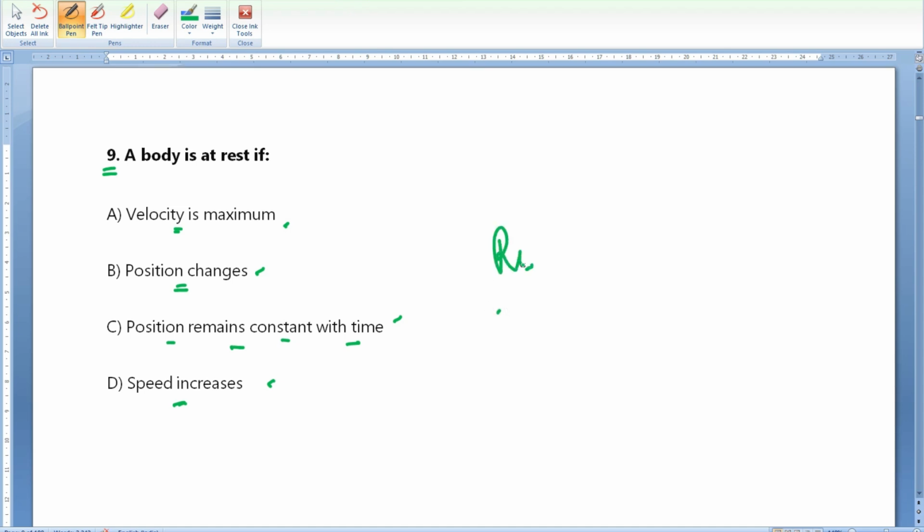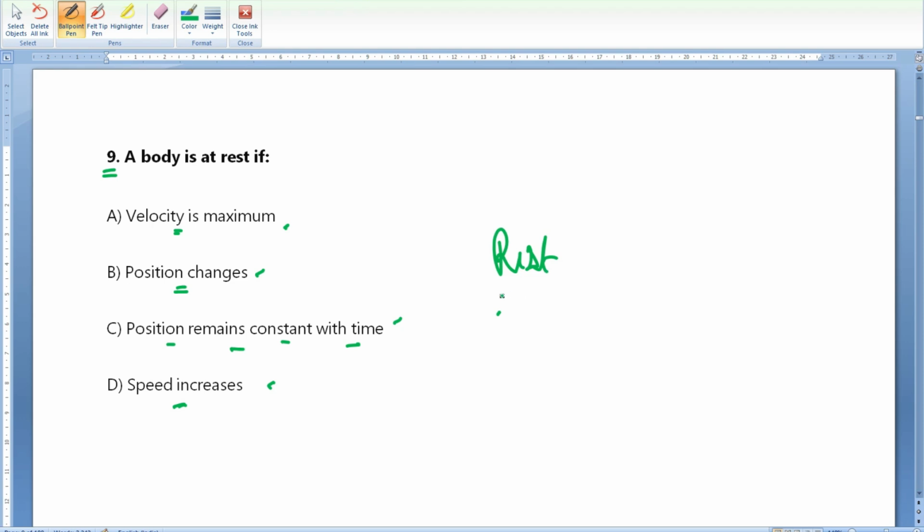So position remains constant with respect to time. This is the correct answer.